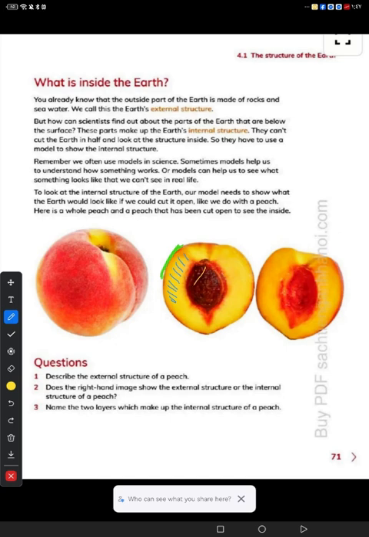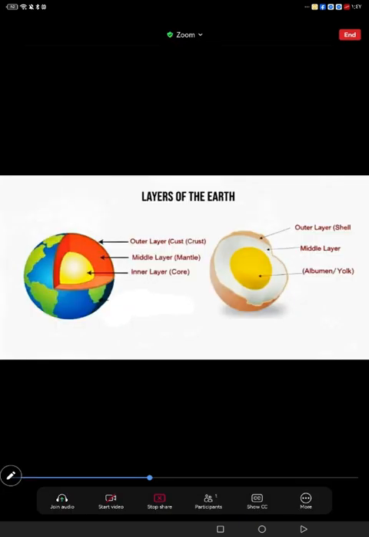Also, we have the inner hard part, the stone, the hard part in the center. Earth also has layers like the peach and like the egg. If you have a boiled egg, you will find the egg consists of layers also.